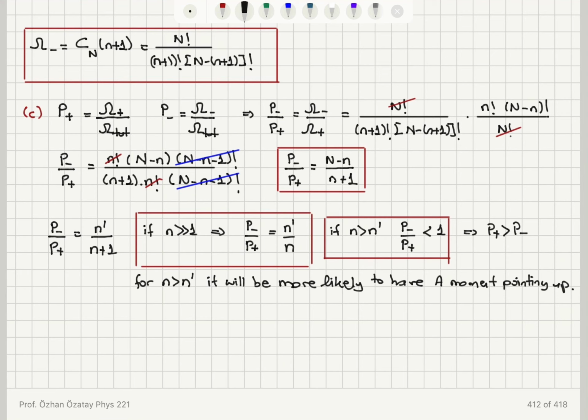So this is due to our equal a priori probabilities postulate. And if n is much greater than 1, capital N minus n is n prime, then the P minus to P plus ratio is n prime over n, and if n is greater than n prime, you can see that this ratio is less than 1, which means P plus is greater than P minus, so it will be more likely to have a moment pointing up.